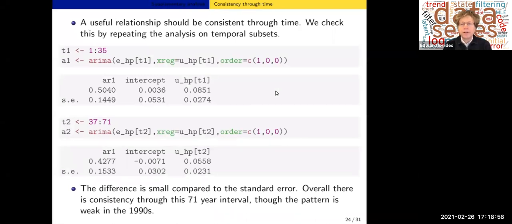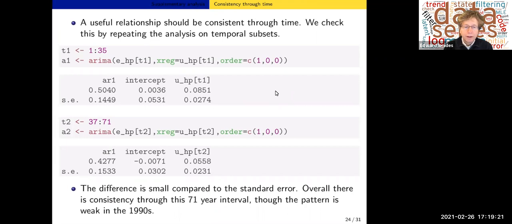Well, another thing you can check when you do data analysis, if you find a relationship, you can ask, is it consistent through time? And you can repeat the analysis on say the first half of the data and the second half of the data and see if you get a consistent finding, which here I've done.